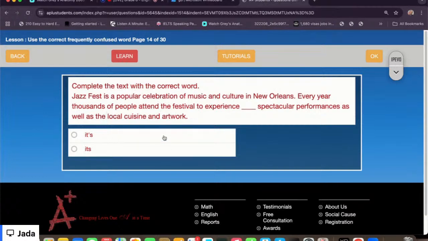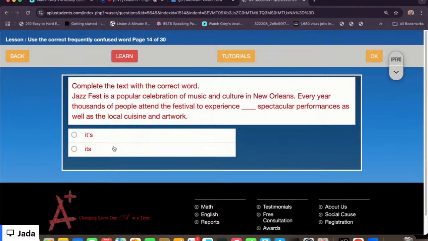Jazz Fest is a popular celebration of music and culture in New Orleans. Every year, thousands of people attend the festival to experience its spectacular performance as well as local cuisines and artwork.